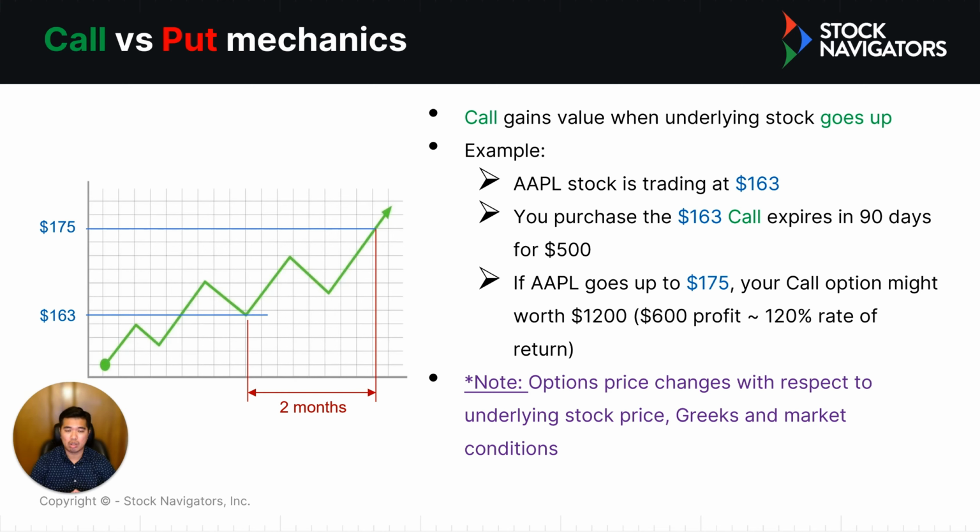With the call, by nature, the call will gain value when the underlying stock goes up. For example, on this chart, I have the graph of, let's say, Apple. Assuming Apple is trading at $163, and you think that in the next couple months the price of Apple will go up. So you purchase a $163 call, meaning at the money.